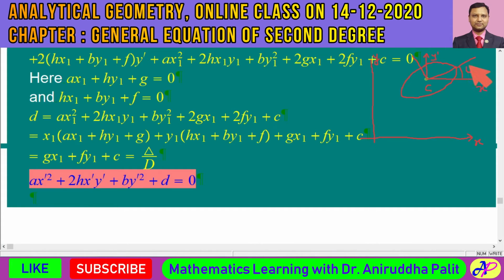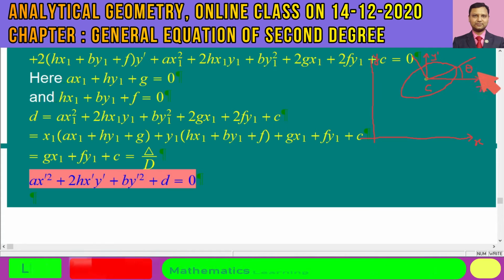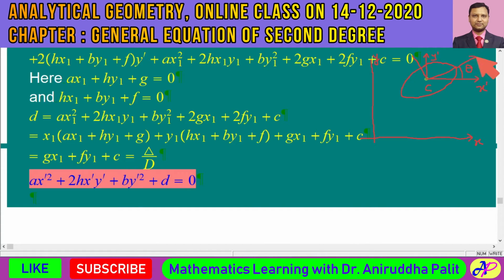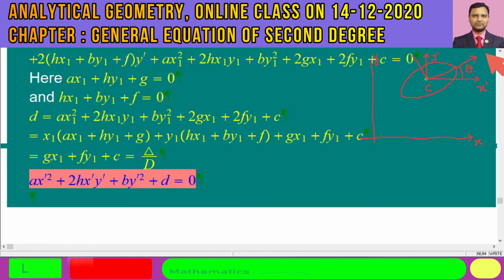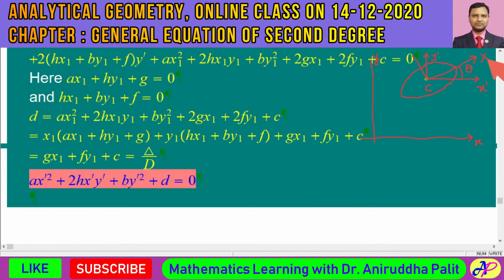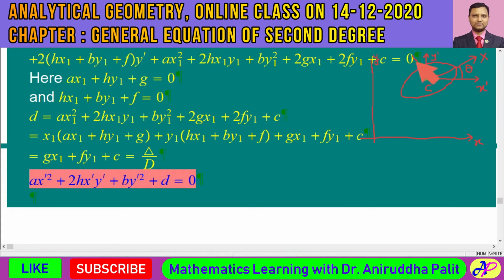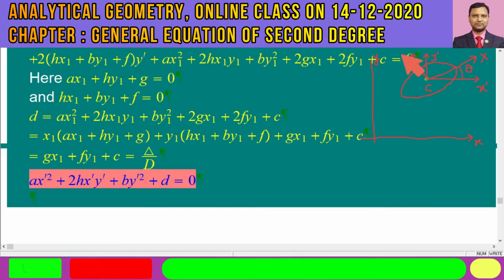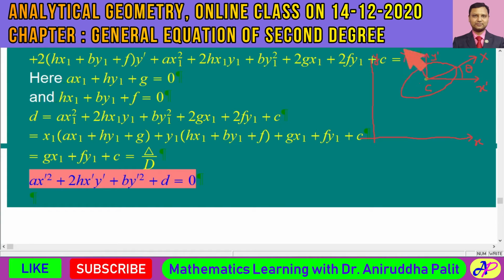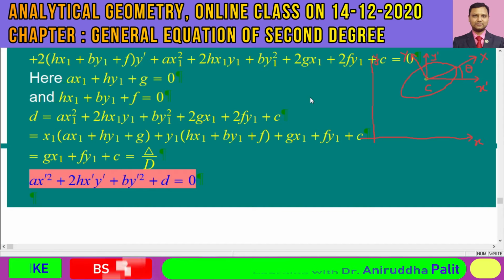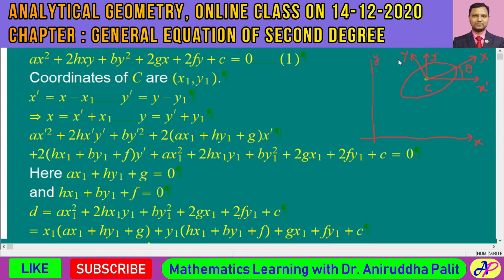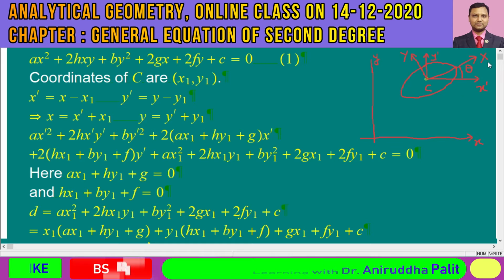Suppose the rotation is taken about an angle theta, so that this major axis becomes the capital X axis, and this other axis, the semi minor axis, would be the capital Y axis, and the semi major axis would be the capital X axis.